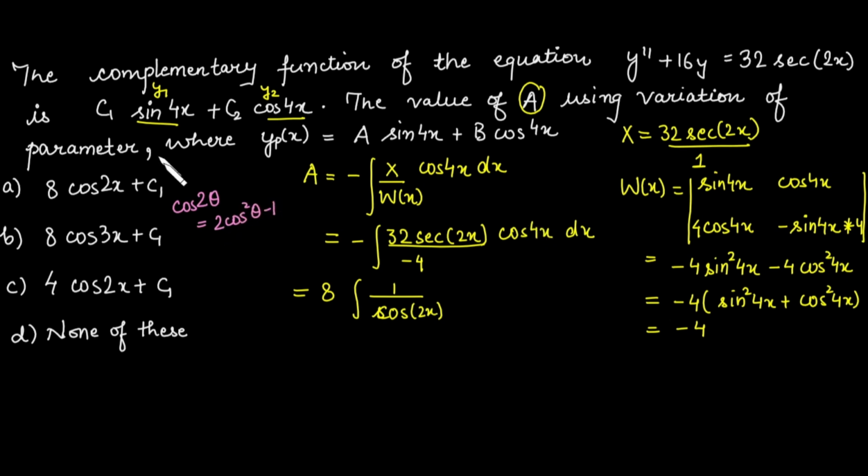Apply this formula here. Rather than 2 we have 4, so we can use this half formula here. We have 2 times cos square 2x minus 1 into dx. So this is equal to 8 times the integration of 2 times cos 2x minus 1 upon cos of 2x.